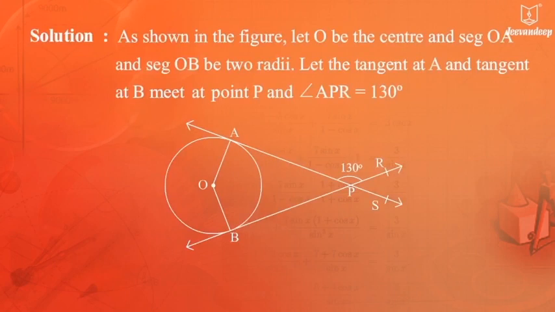Solution: as shown in the figure, let O be the center and segment OA and segment OB be two radii. Let the tangent at A and tangent at B meet at point P, and angle APR equals 130 degrees.